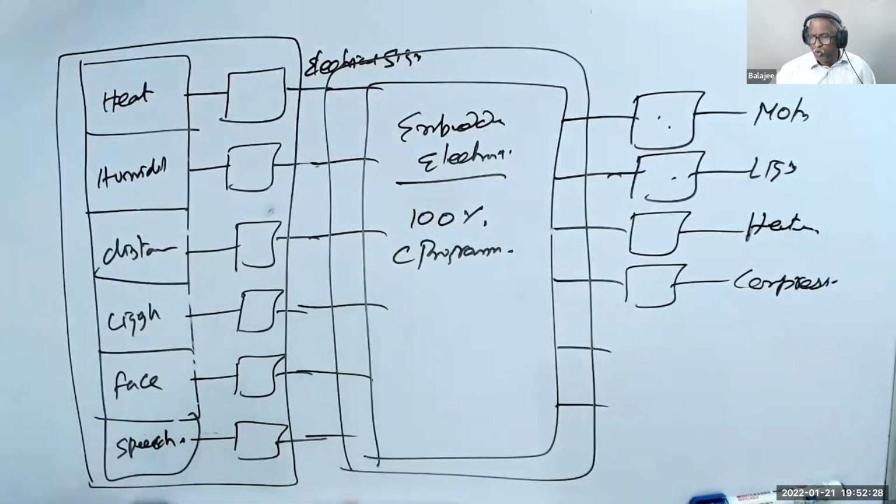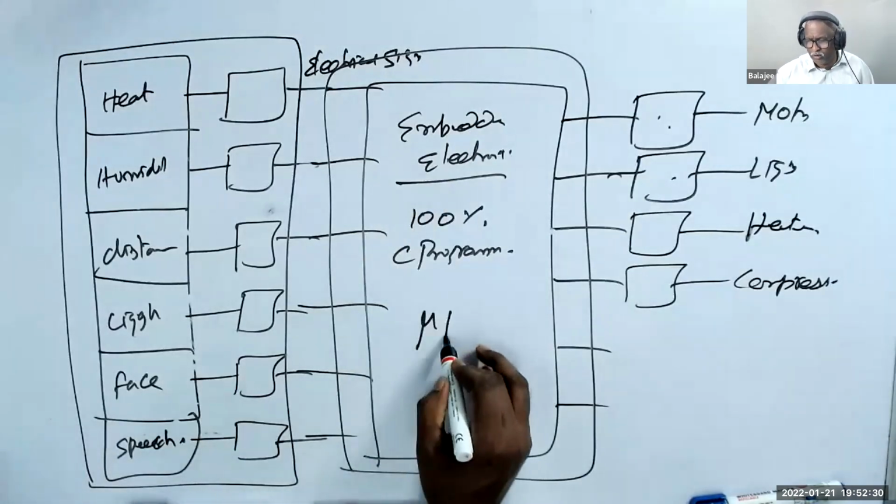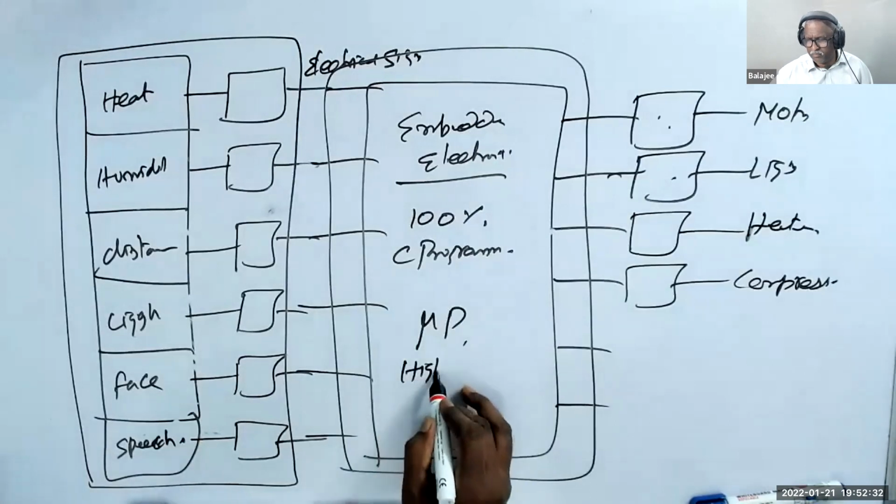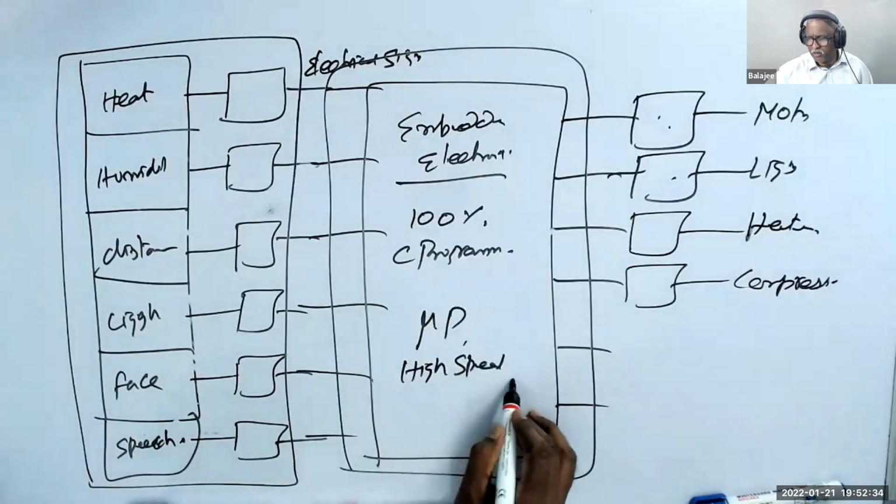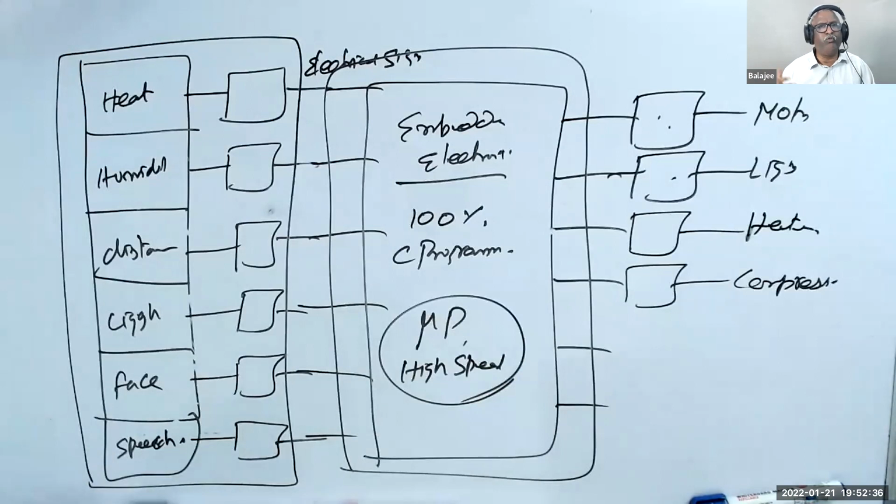But today you get powerful and high speed microprocessors, so you can start writing wonderful programs here. This change is the one we wanted. We are looking for what industry is looking for.